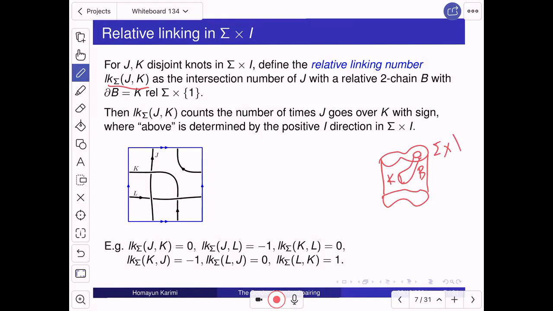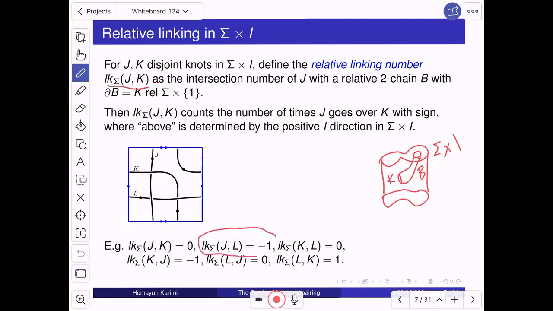Now, so that's the definition of the linking number, and diagrammatically, this calculates the number of times that the knot J goes over K, counted with sign. So you can look at this picture and you can see several calculations of the linking number.